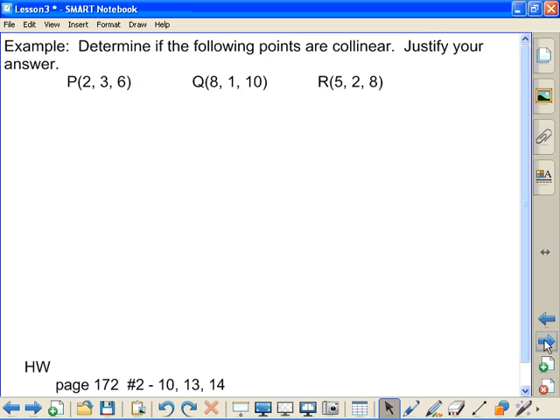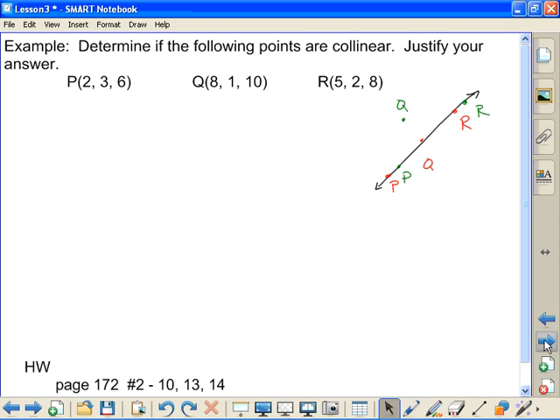Final example here, determine if the points are collinear, so they fall on the same line. So how do you determine that? So if I had a line, what's going to happen here is either situation A, which I'll do in red, P, Q, and R are going to fall on the same line, or in green, P, Q, R, one of them is not going to be on the line.